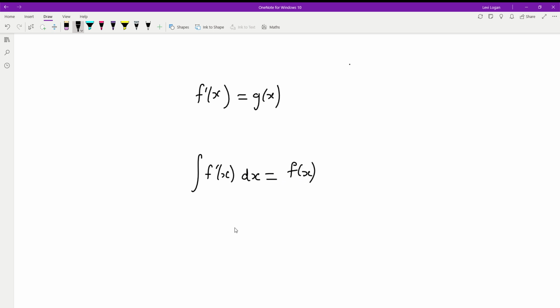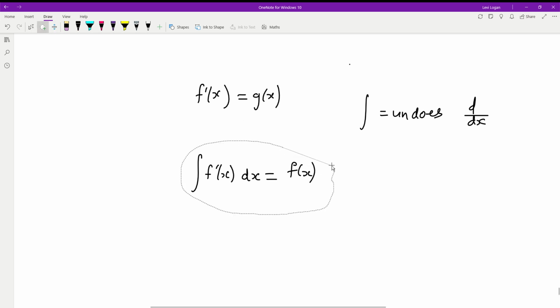Okay? That is the idea. So this symbol undoes derivatives, undoes the derivative operator, d on dx. That's the idea. Now, there's something else it also does.